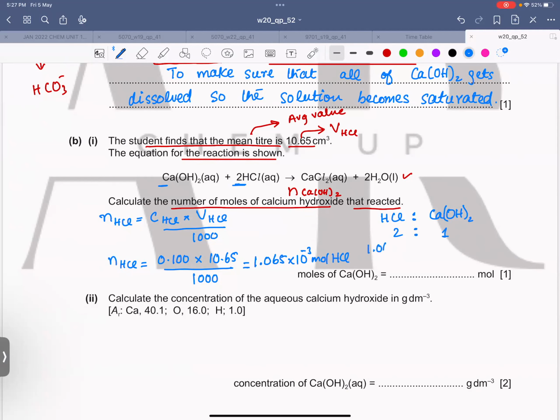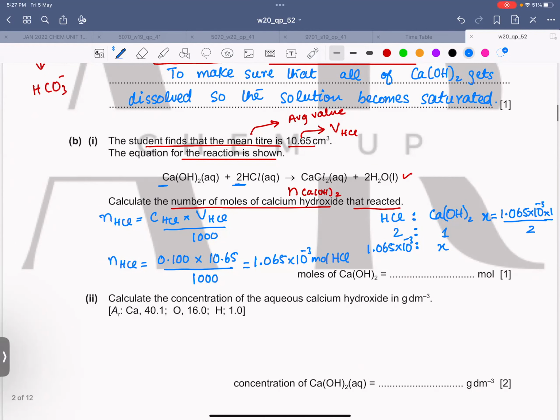So 1.065 exponent minus 3. If these are the moles of HCl, then the moles of calcium hydroxide used must be X, and X must be equal to 1.065 exponent minus 3 into 1 over 2. So we have to half it.